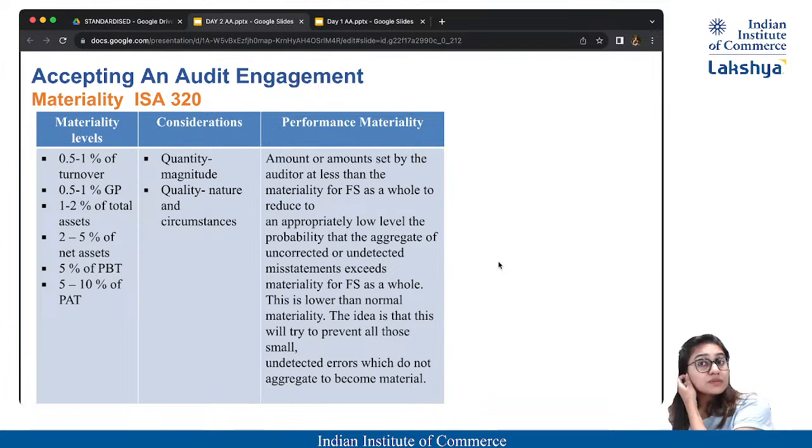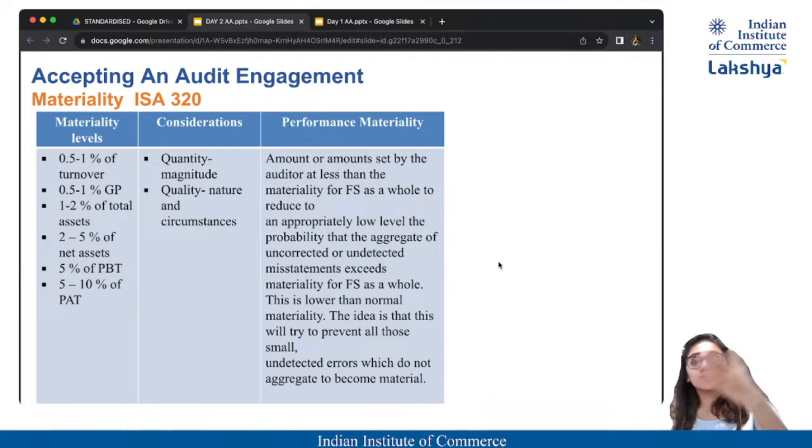Now you're seeing how it depends from organization to organization, because if your turnover is 1 lakh, your materiality for turnover is going to be 500 to 1000. Similarly, if your turnover is 10 lakh, then your materiality is going to be 5000 to 10,000. That becomes your 0.5 to 1%.